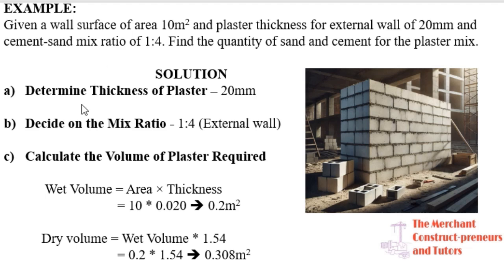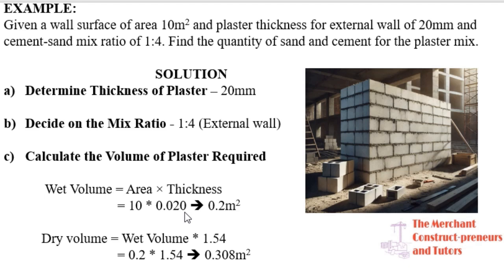So the next thing is to calculate the volume of plaster required. Now for the wet volume, we have the area as 10 meter square, and the thickness as 20 millimeters. Converting 20 millimeter to meters, we have 0.020 meters.